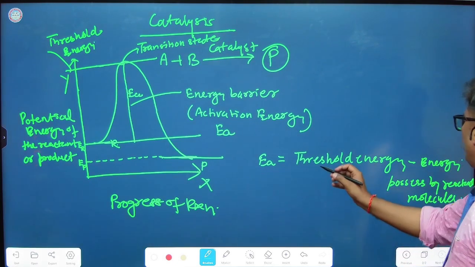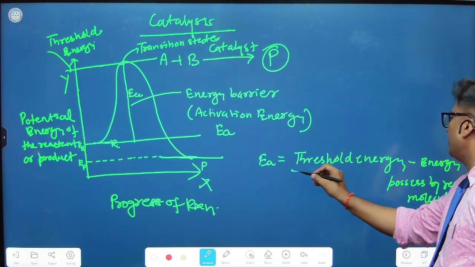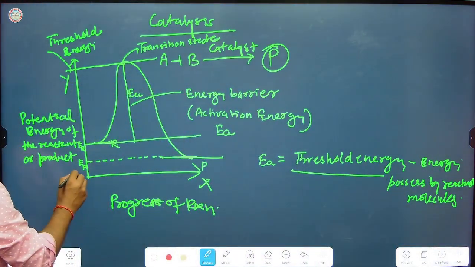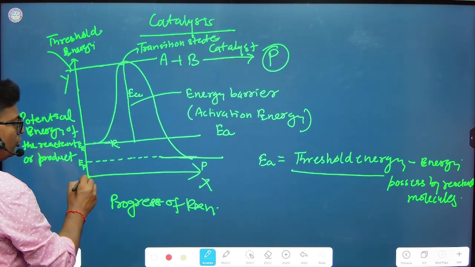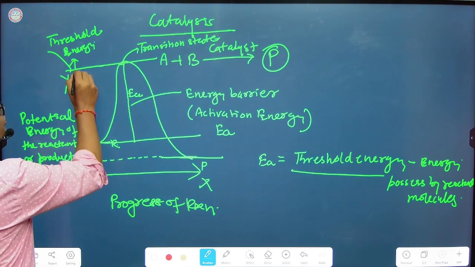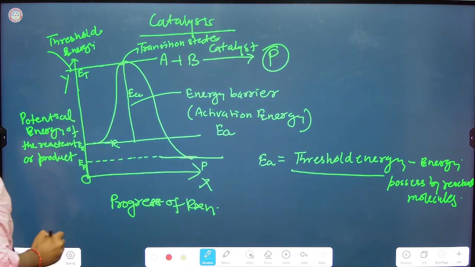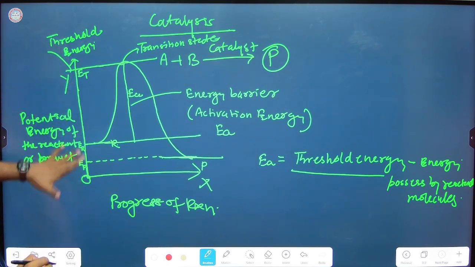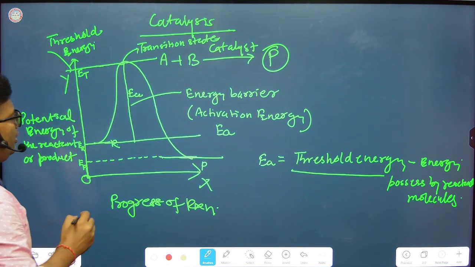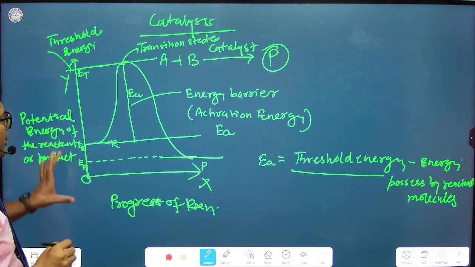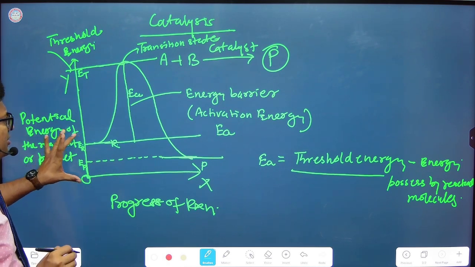So the threshold energy is large, right? From this point, the origin point, to this point, this is your ET. This is called the threshold energy level. And from this point to this point, this is called the energy level of the reactant species.